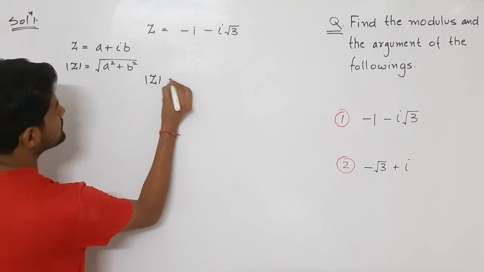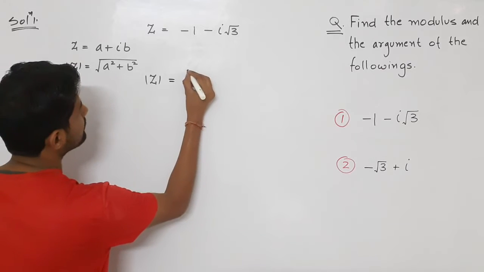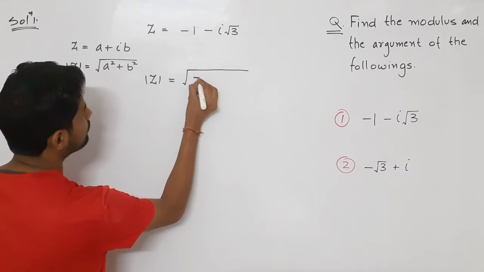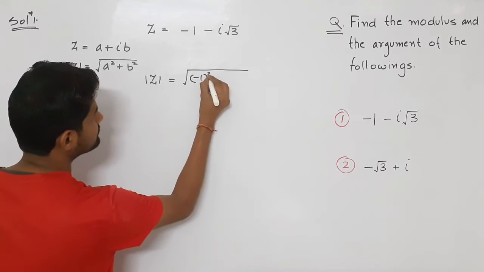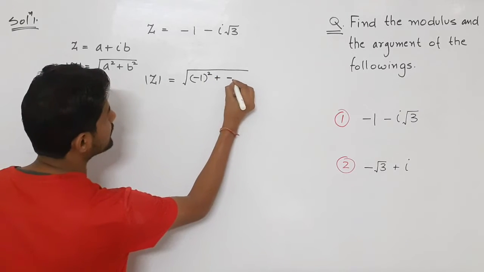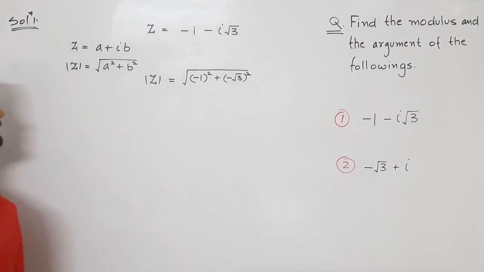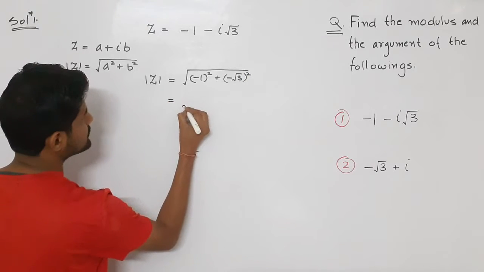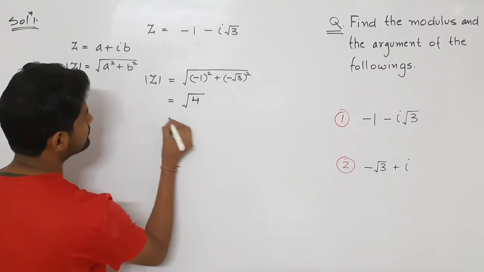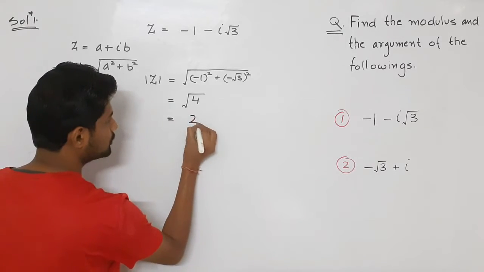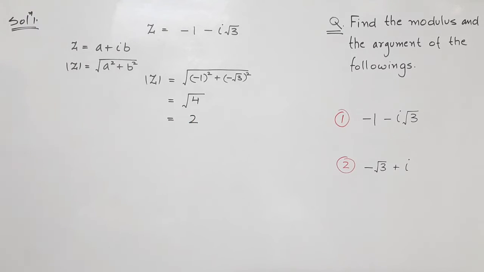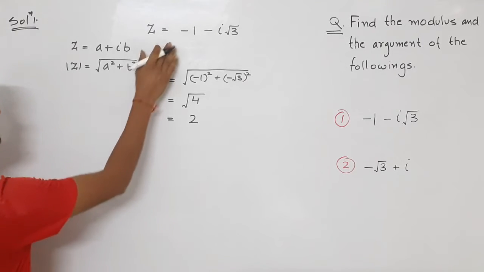Then mod of this complex number will be under root of square of -1 plus square of minus under root 3, right? And this is equals to under root 4, which is equals to 2. I take positive of 2 because I know that length can never be negative. So this is mod of this complex number.